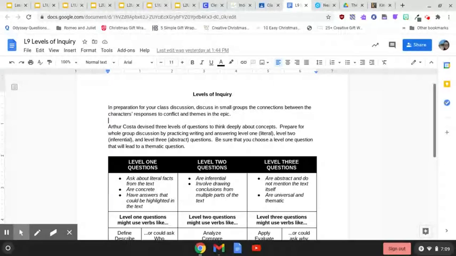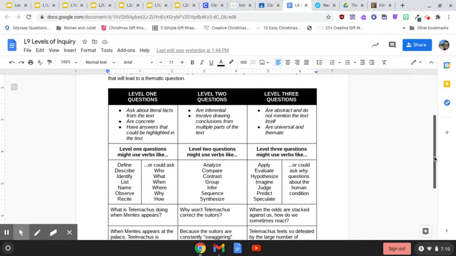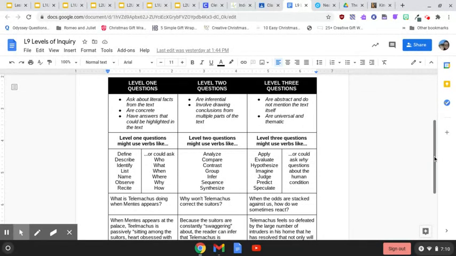Both of these types of questions are different from the Level 3, or abstract questions. Abstract questions don't mention the text itself, because Level 3 questions are universal and thematic. They tend to use verbs like apply, evaluate, hypothesize, imagine, judge, predict, or speculate. Or they could ask why questions about the human condition.